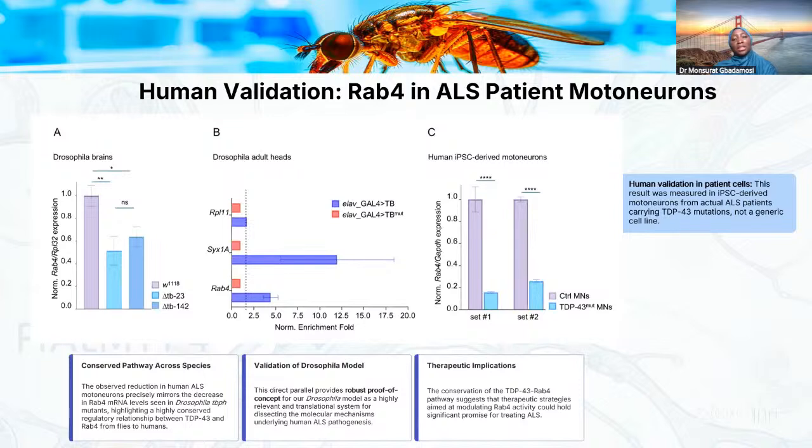And then we did something called RNA-IP. Now that we know that the mRNA of RAB4 is significantly lower in the mutant compared to the wild type flies, what we want to know is whether RAB4 has a direct physical relationship, whether the mRNA is binding to TDP43.